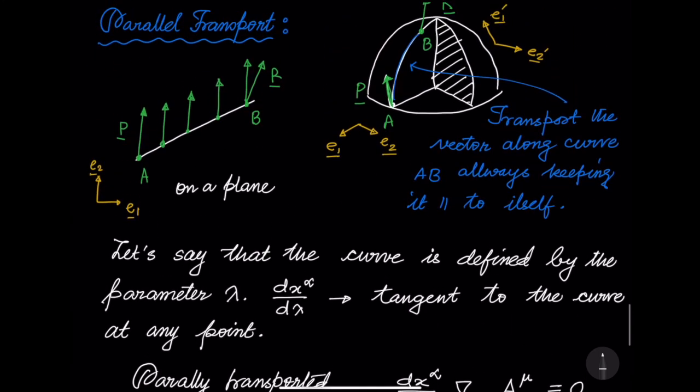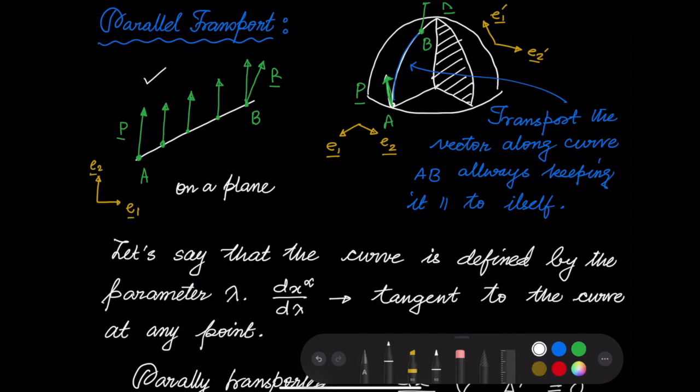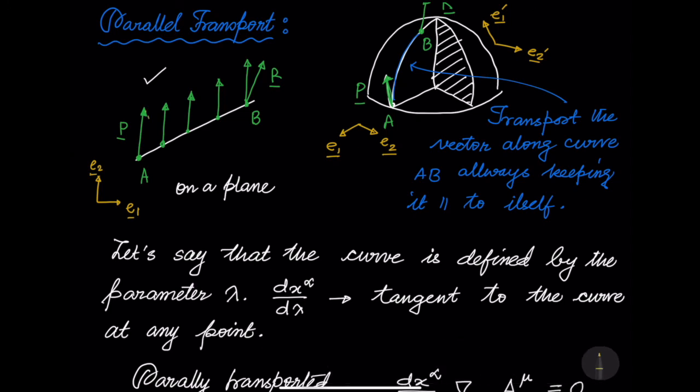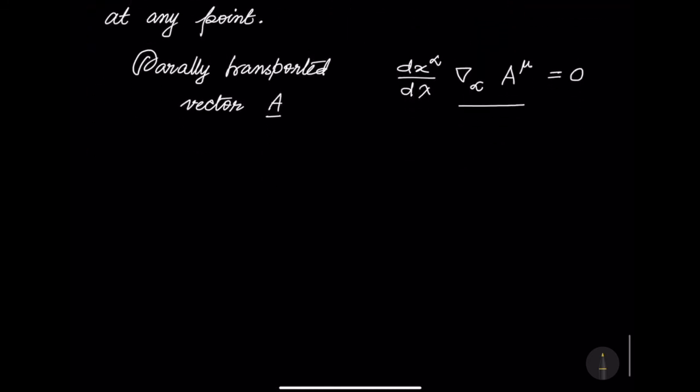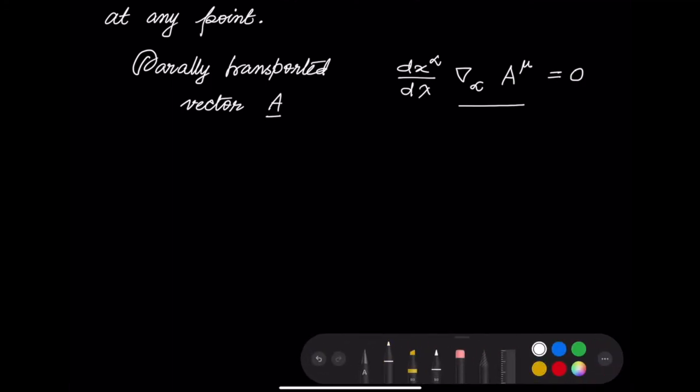That quite makes sense here, because that's how I am transporting the vector. If there is a component of the vector along the curve, which is this much, I'm never changing that as I am moving it parallel to itself. And this derivative is nothing but the covariant derivative.